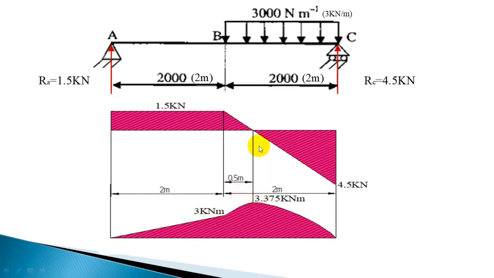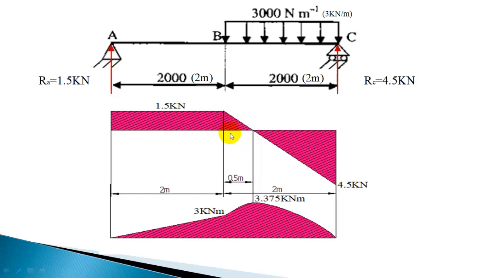If a question is asked to find out the peak value of bending moment, you need to calculate. So how do you calculate it? 1.5 into 2, that is 3 kilonewton meter, is the bending moment here, which is the area of this shear force diagram. And the bending moment at the peak point, this area also you should add.